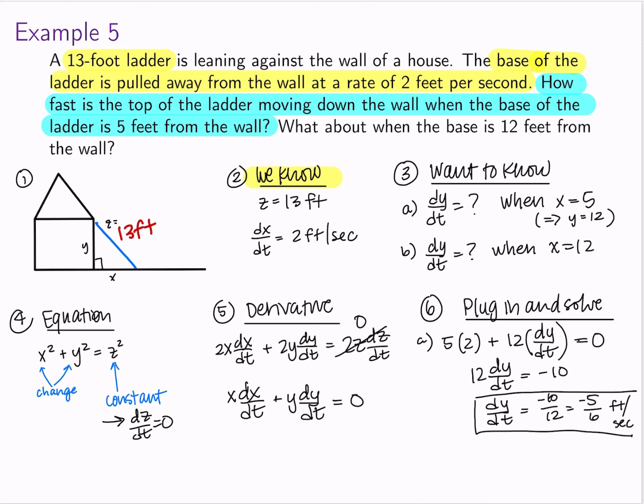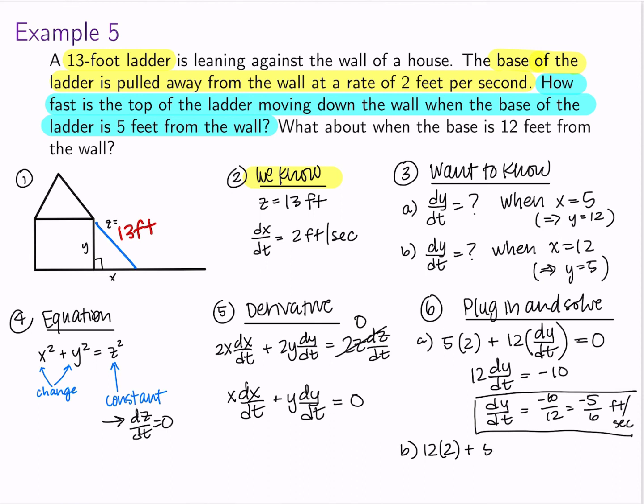So part B said, what about when x is 12? Let's do that one now. When x is 12, we have 12 times dx/dt, which is 2, plus y. Well, I need to figure out y again. I can use the Pythagorean theorem, and I'm going to get that y is 5. You can check that real quick. Do your Pythagorean theorem with an x of 12 and a z of 13. You'll get a y of 5.